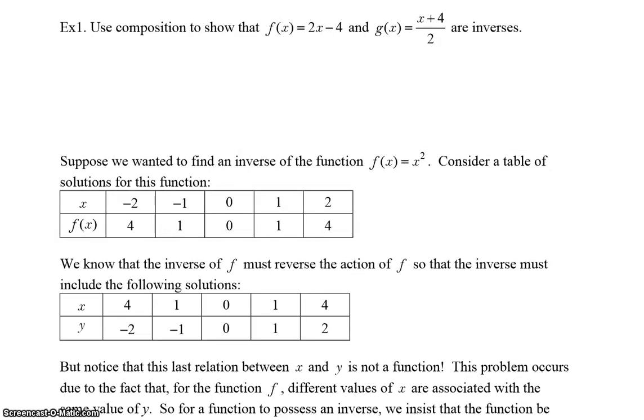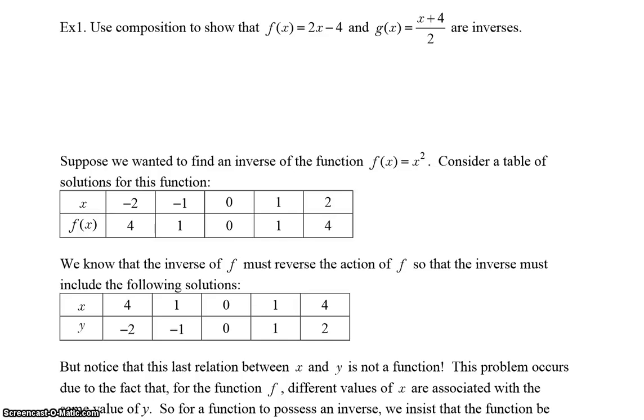Let's now look at example 1 on the next page. Use composition to show that f of x equals 2x minus 4 and g of x equals (x plus 4) over 2 are inverses. Now, we can actually sort of see that f and g are inverses just by looking at how the functions are defined. F of x takes an x, multiplies by 2, then subtracts 4.